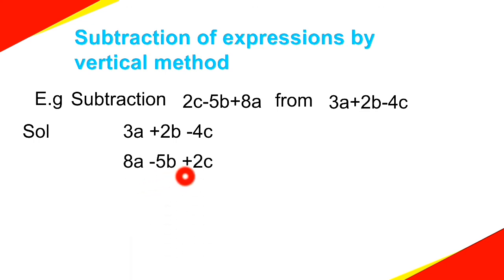Below it, 8a minus 5b plus 2c. Here the signs are going to change. 8a will turn as minus 8a, minus 5b will turn as plus 5b, plus 2c will turn as minus 2c.